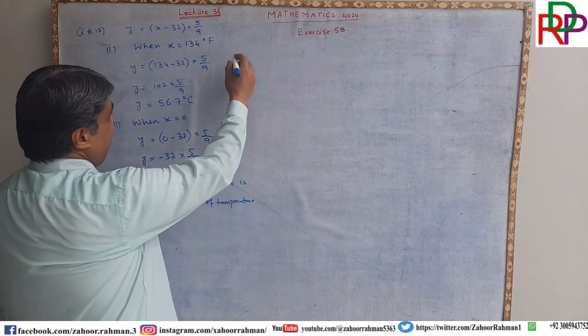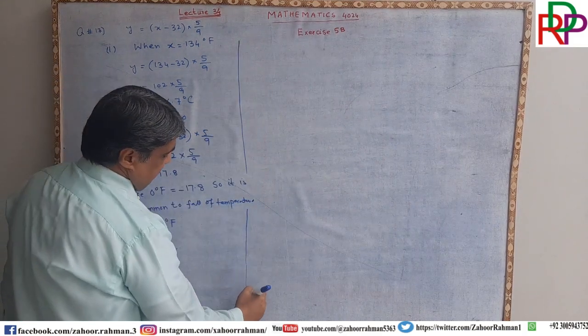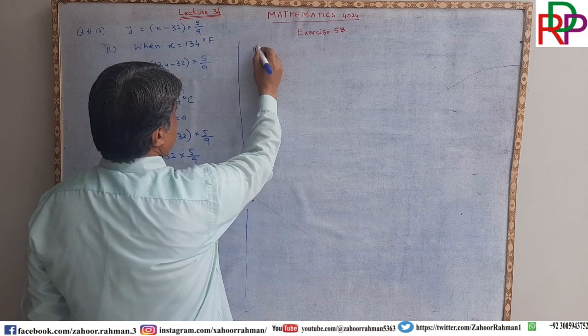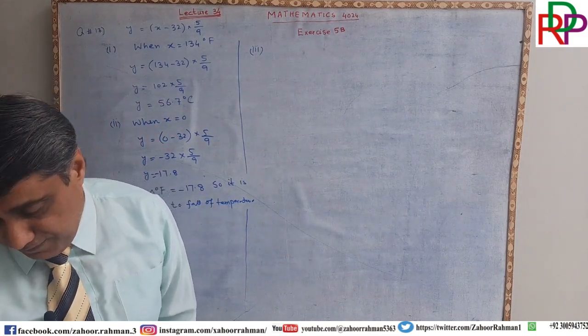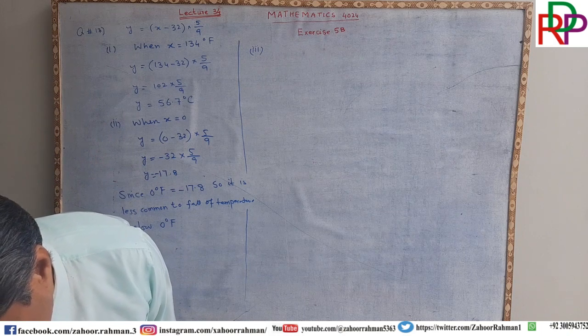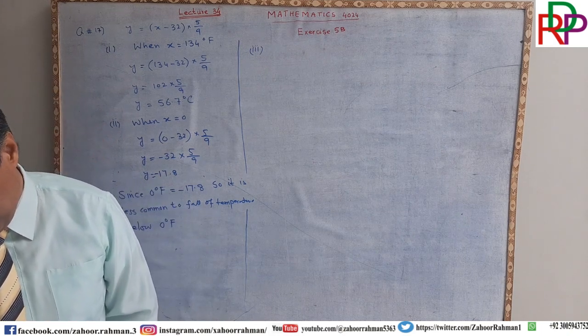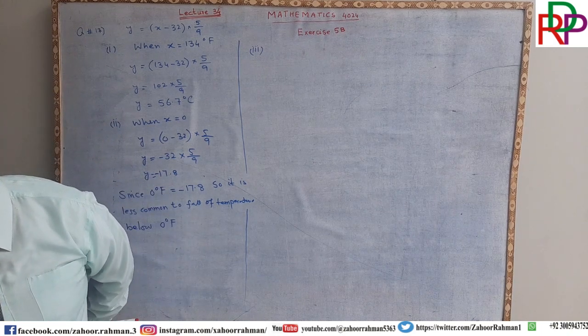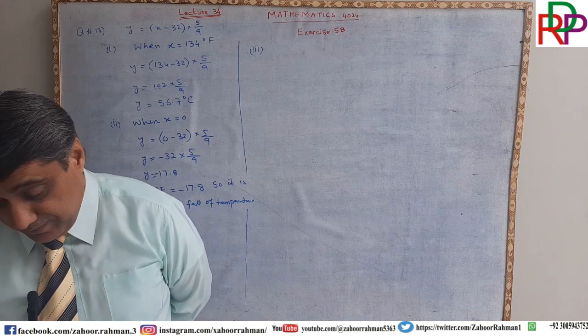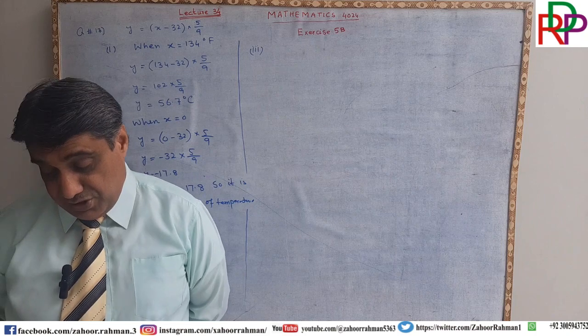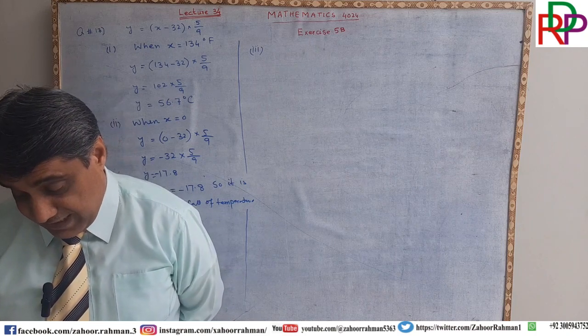Okay, now the final part we are doing, and that is the third part, which is the final part of this exercise. The lowest temperature in the United States of America, recorded in Prospect Creek in Alaska, is minus 62.1 degrees Celsius.